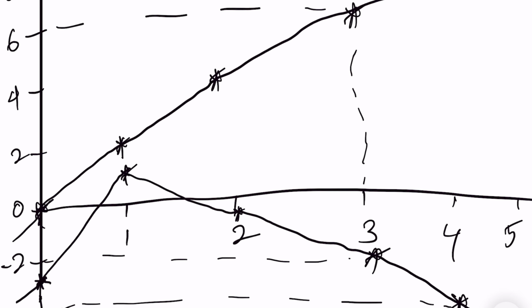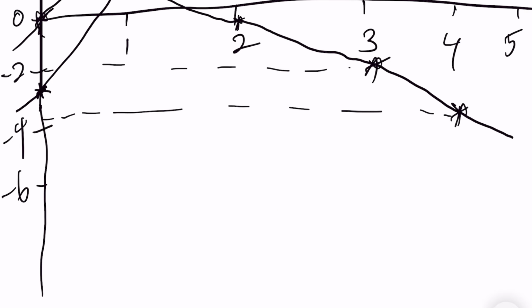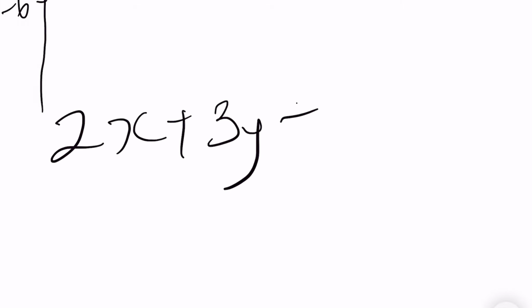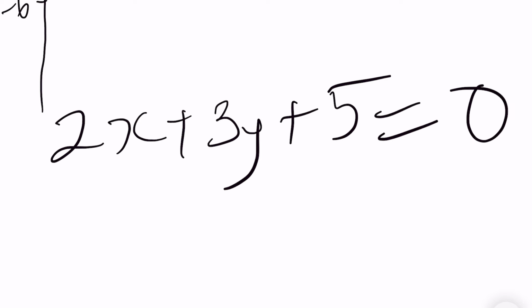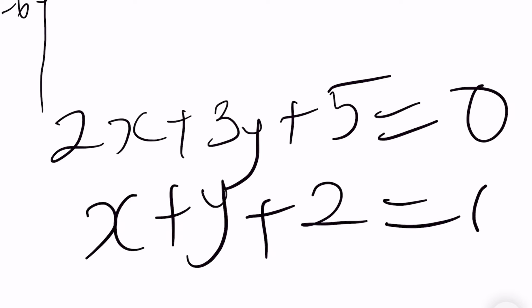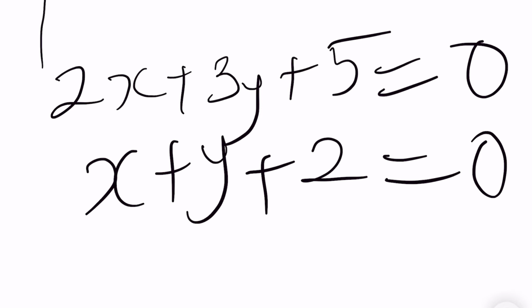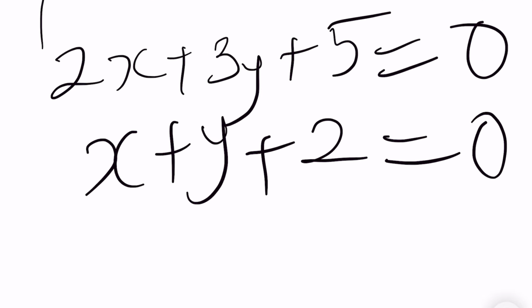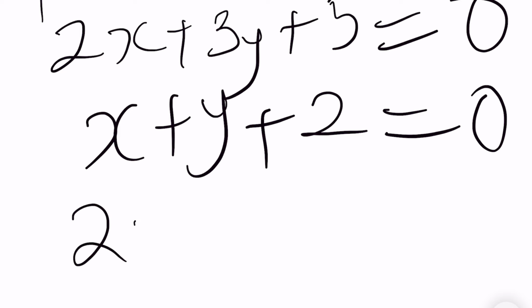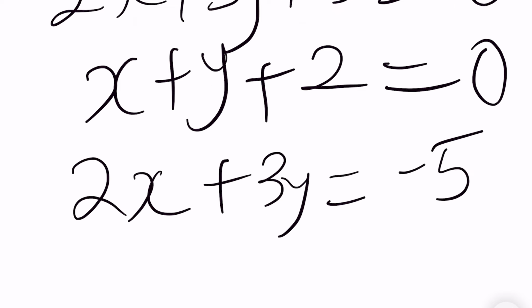Now for the second one, we have 2x plus 3y plus 5 equals 0, and x plus y plus 2 equals 0. So for the first one, we have 2x plus 3y equals minus 5.